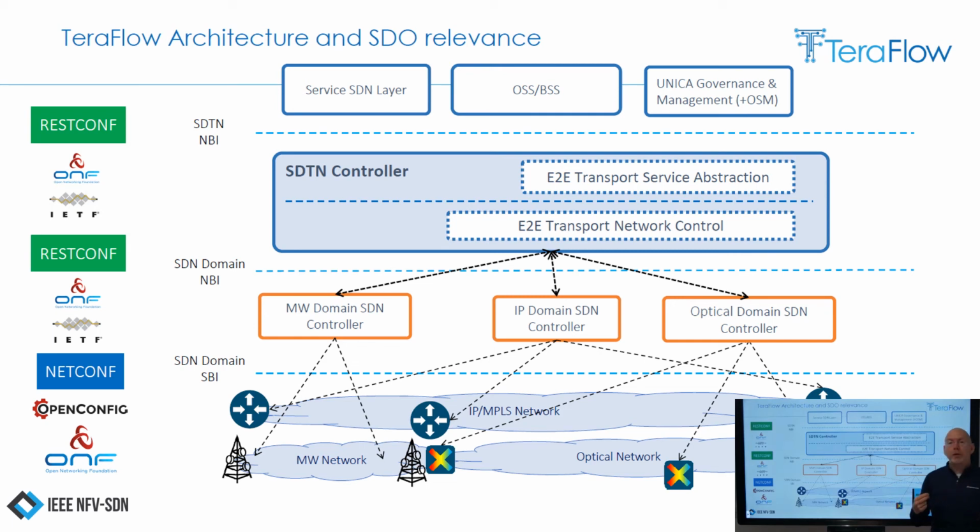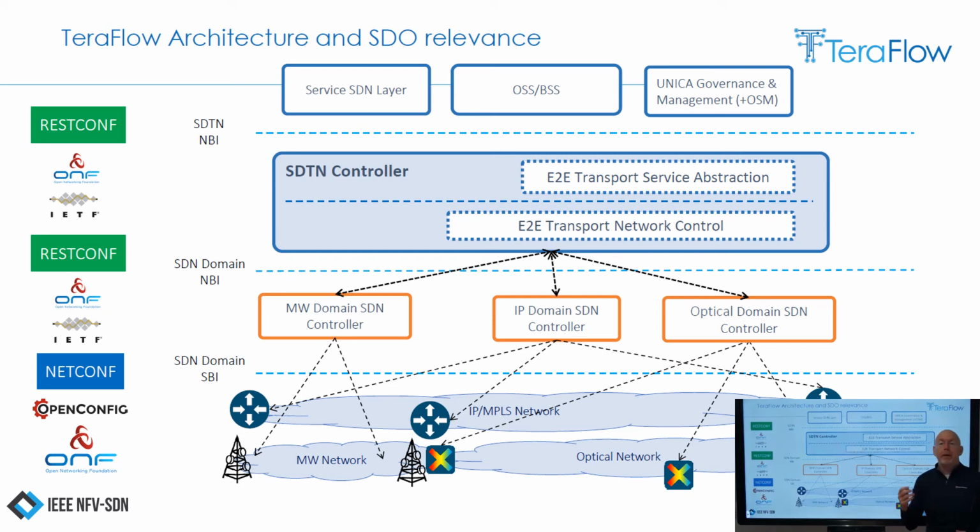So we mentioned already the ACTN framework, so there will be components of ACTN in the SDN transport network controller, or if you're using the TFS, the TeraFlow SDN controller, essentially it echoes some of the ACTN framework. And then you'll have several southbound interfaces to facilitate automation and network programmability.